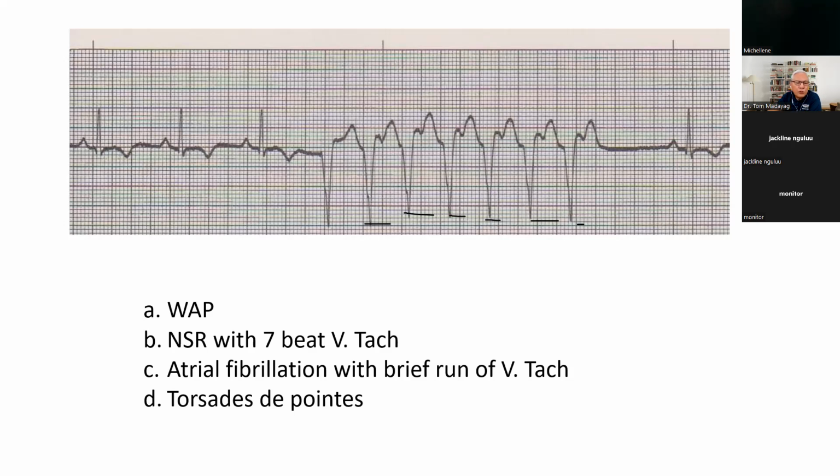Obviously, this is going to be a rhythm that is going to be of concern. And the reason why this is going to be of concern is because any ventricular tachycardia may reduce cardiac output. And therefore, if it reduces cardiac output, it might lead to cardiac arrest. Thus, in a situation like this, you would notify the provider.